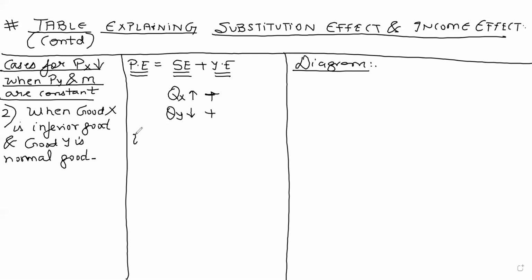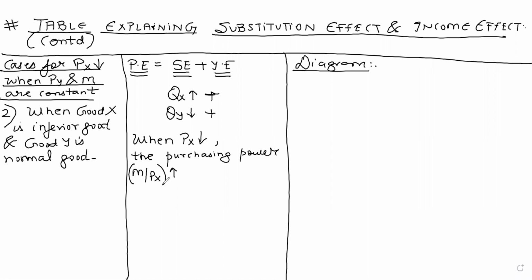Now look at this. When price of good X falls, what is my purchasing power captured by in this case? The purchasing power, which is M by PX, goes up. Now, your purchasing power has gone up, but good X is an inferior good.